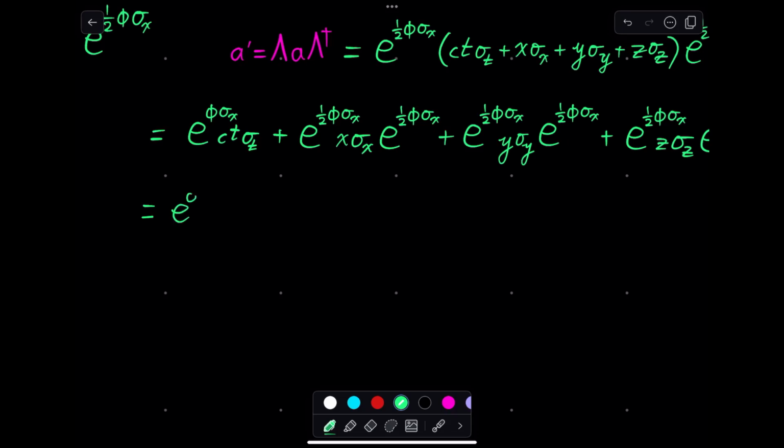So if I just have e to the phi sigma x ct sigma t, well, this sigma x right here means that this exponential can commute with this sigma x. If you want to think about it this way, if you have e to some unit vector v, then it's equal to 1 plus that vector plus the rest of its expansion.